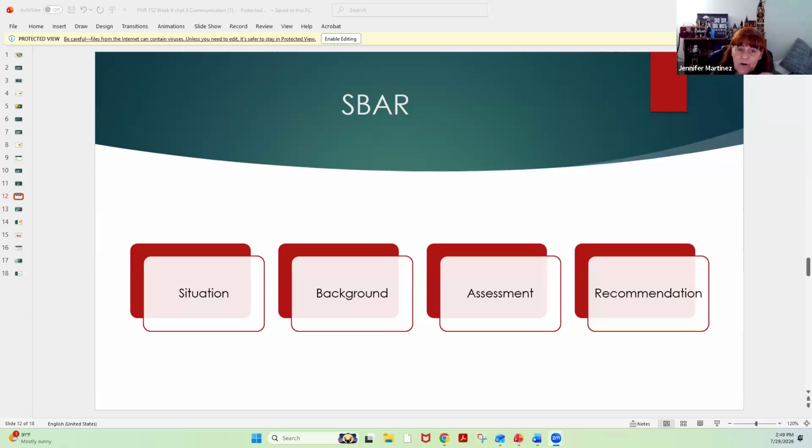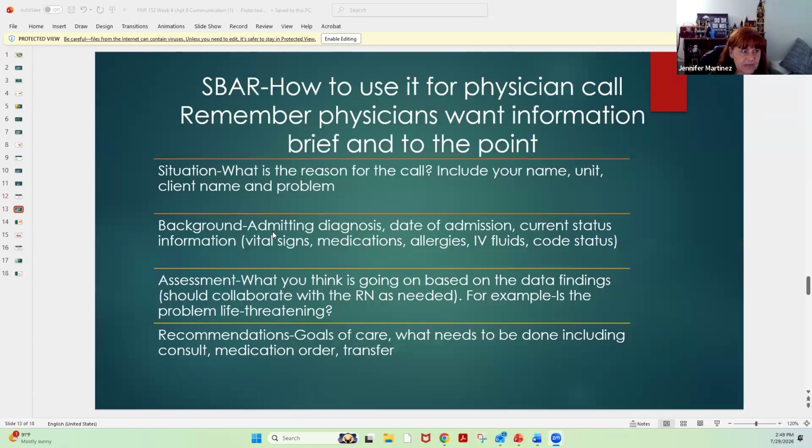We use SBAR in different circumstances. We can use it when we're communicating with a provider, or when we're communicating with other members of the healthcare team, like during shift change report. So we'll talk about how to use it with a physician.